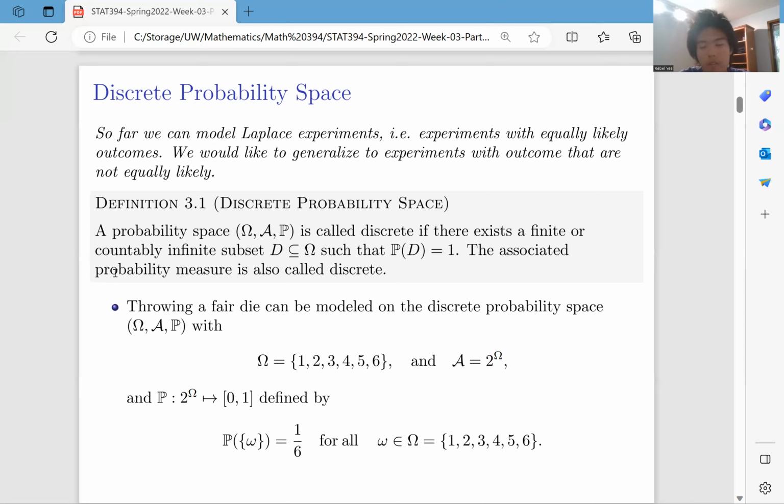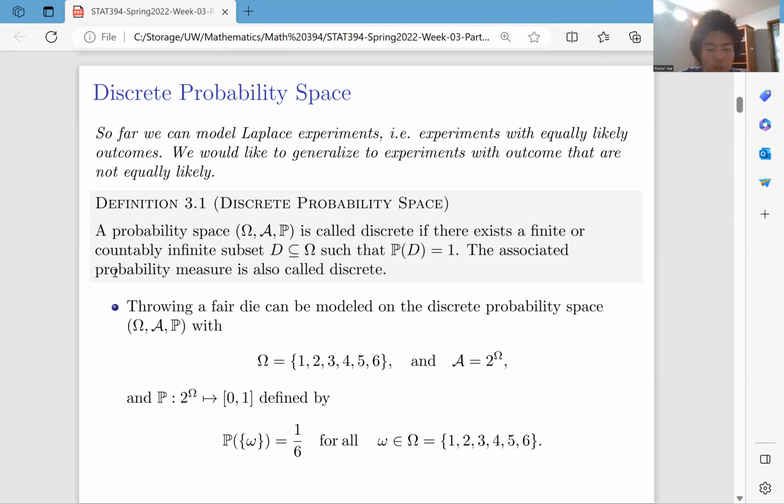So this doesn't satisfy that. And usually if we make the sample space the whole real axis, we call it a continuous probability space, not a discrete probability space.